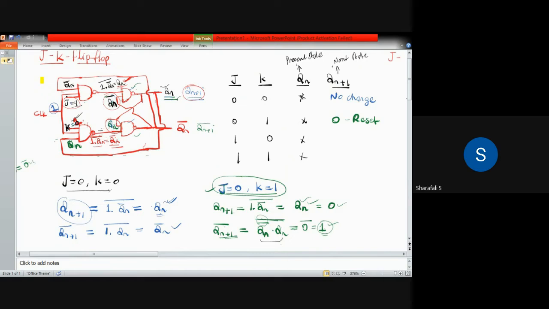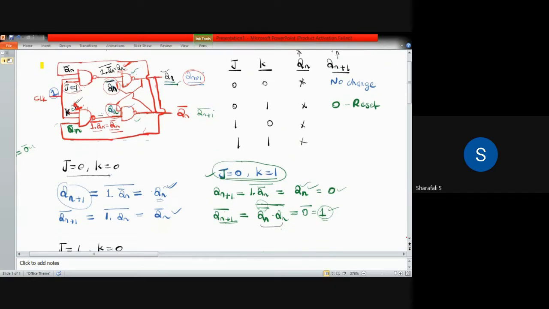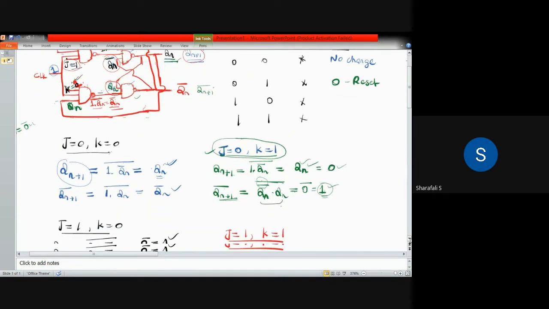So 1 dot Qn bar will come here, and here we have Qn. In that case, we'll be getting Qn.